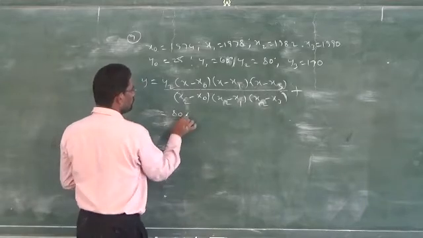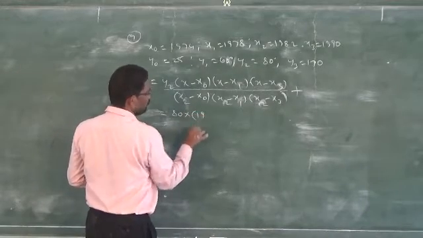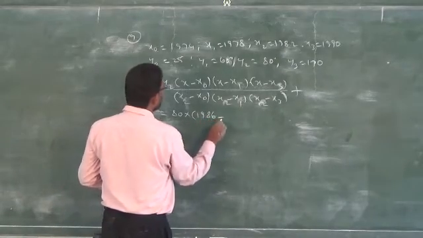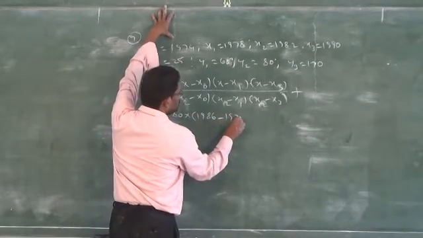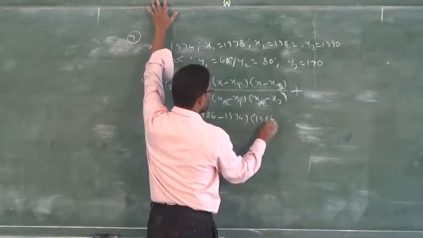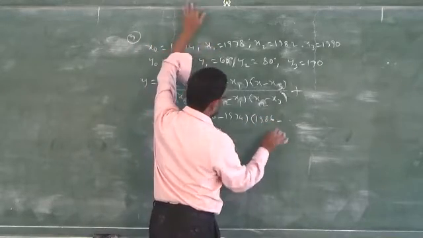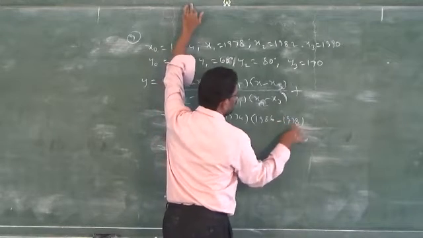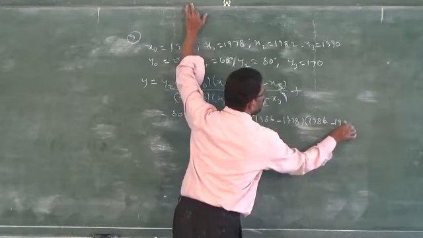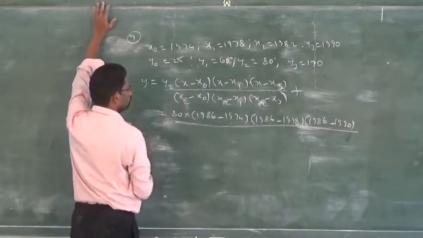80 into x minus 19. The value is given, x is 1986 minus x0 1974, then 1986 minus x1 1978, then 1986 minus 1990 over x2.